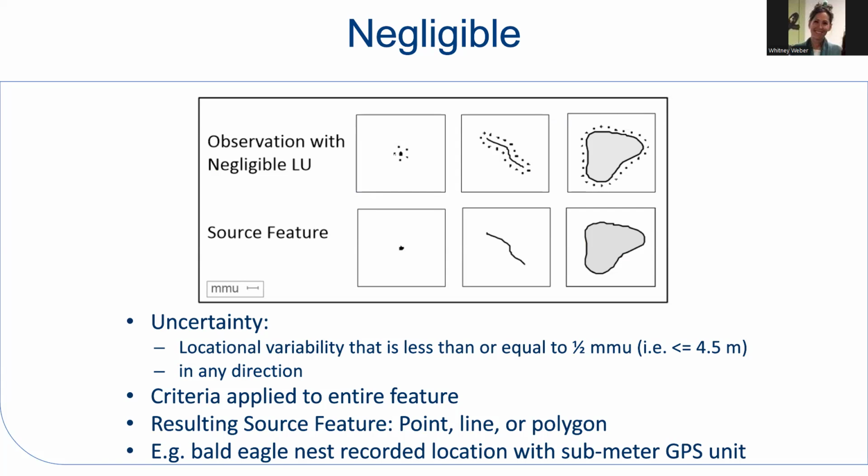So, for example, if we have a bald eagle nest that was recorded with a sub-meter GPS unit, then we could have negligible uncertainty as our locational uncertainty type.